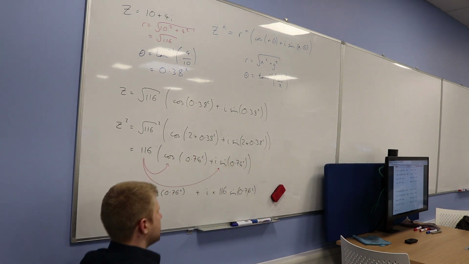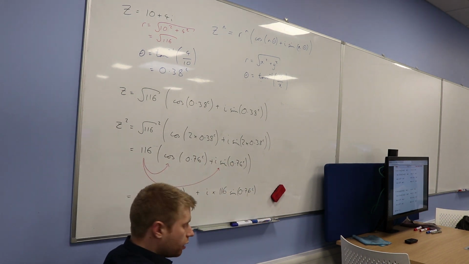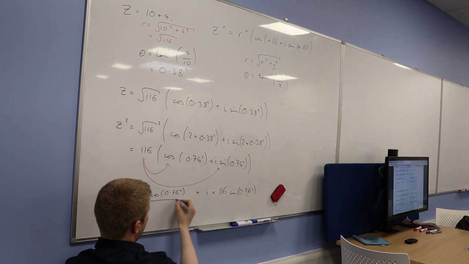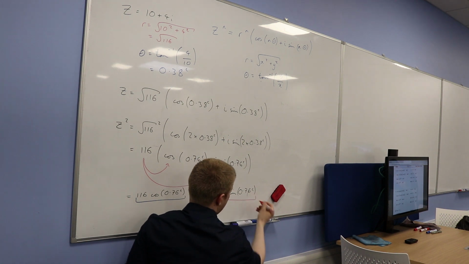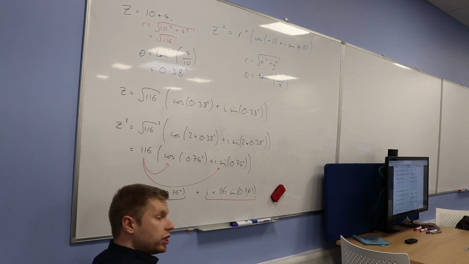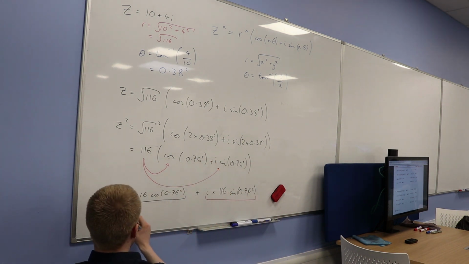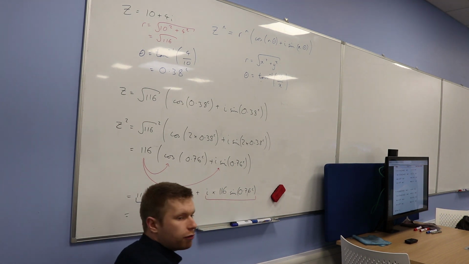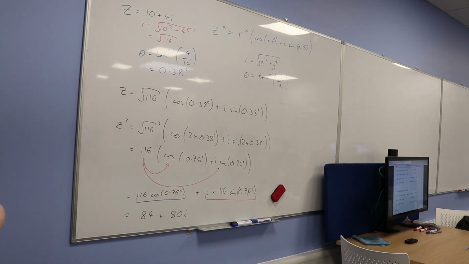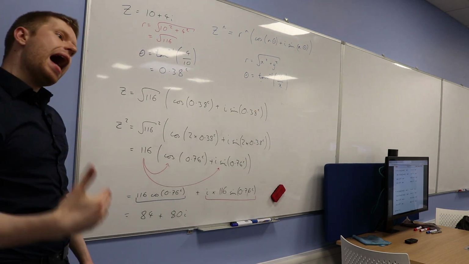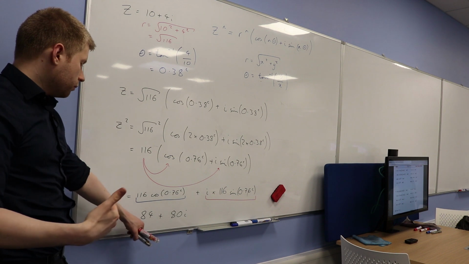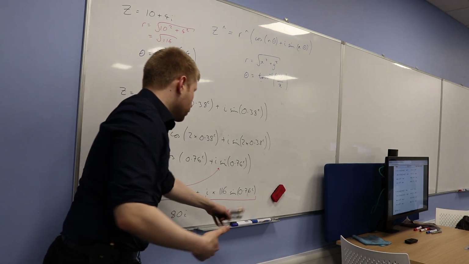Okay? So now I've multiplied it out. Would you be happy that I have a real part, that's my real part, and I have an imaginary part, that is my imaginary part? So all I need to do is stick that into a calculator and it will give me a number. That's all that's happened here. You've just simply multiplied this out to convert it back into Cartesian form, you just find out what that is equal to and what that is equal to.